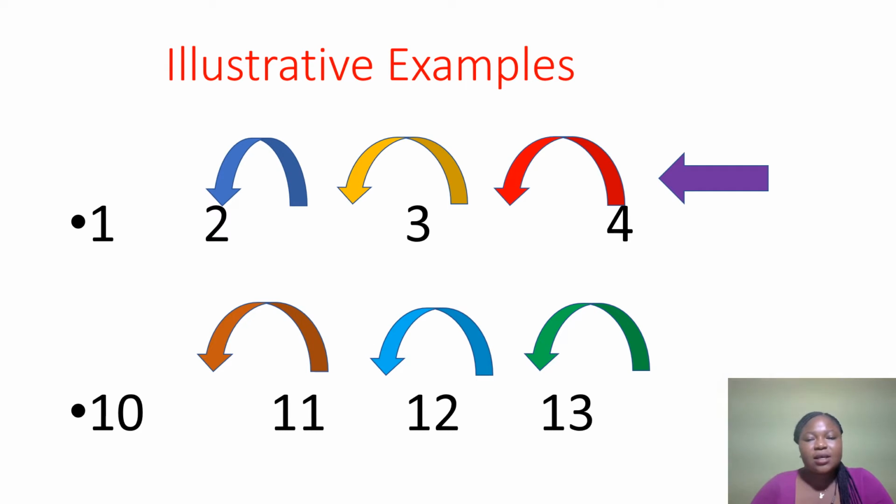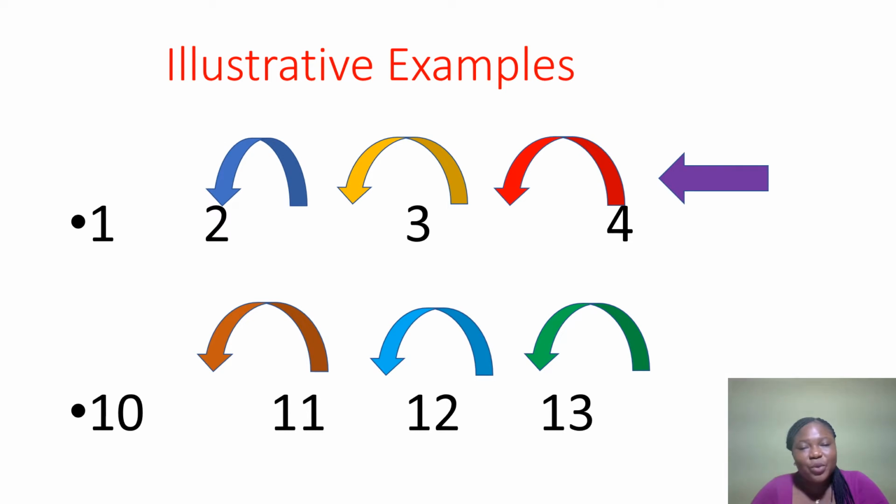But with this, we are moving backwards, okay? So we are starting from 4, then we move to which number? Let's all do it together. Move from 4, then we land on the next number, which is 3.